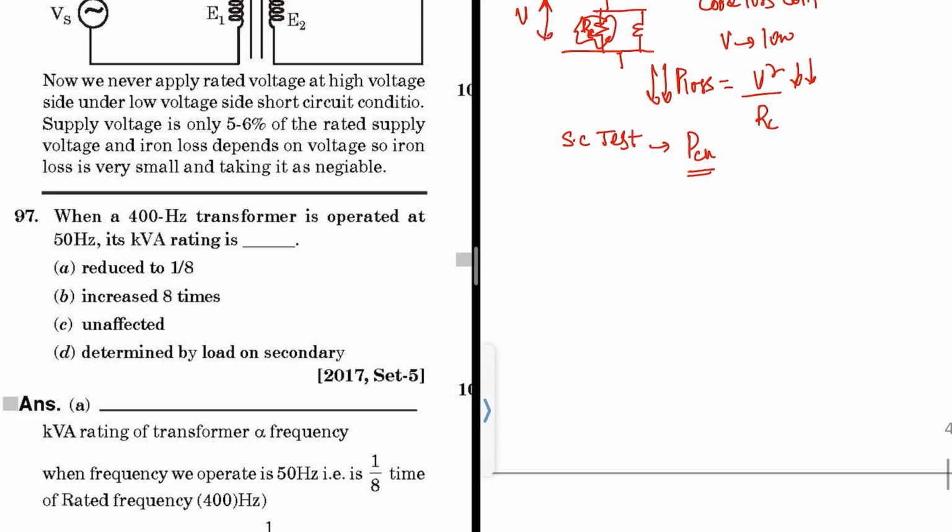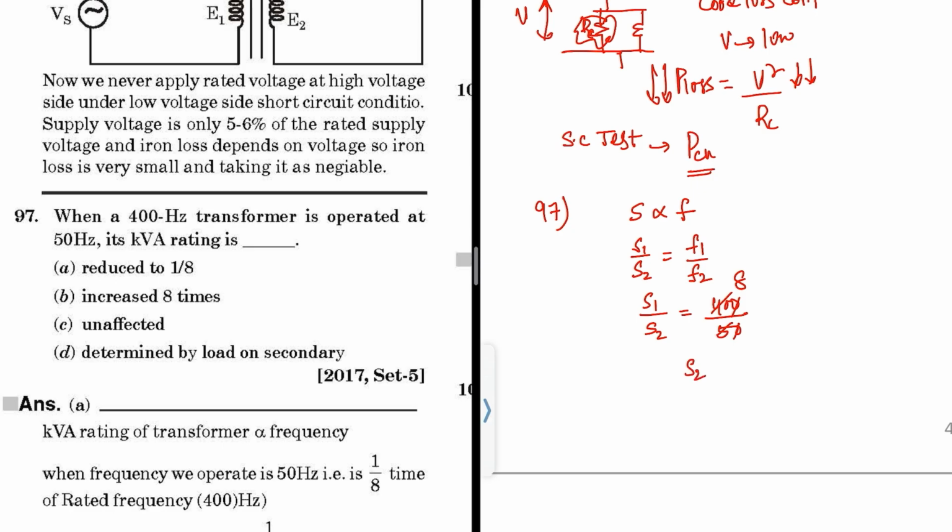Coming to question number 97. When a 400 Hz transformer is operated at 50 Hz, we know that S is proportional to frequency. So S1 by S2 equals F1 by F2. Initially it is operating at 400, now it is operating at 50, so that is 8.